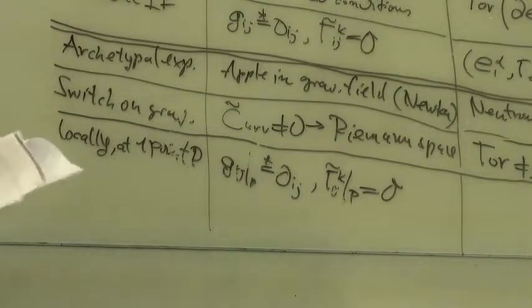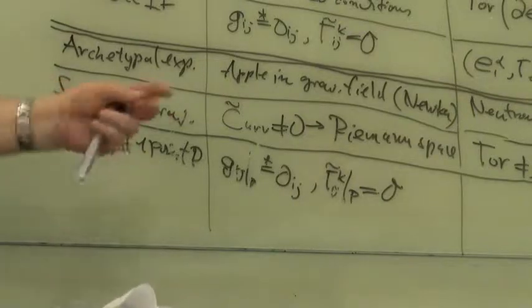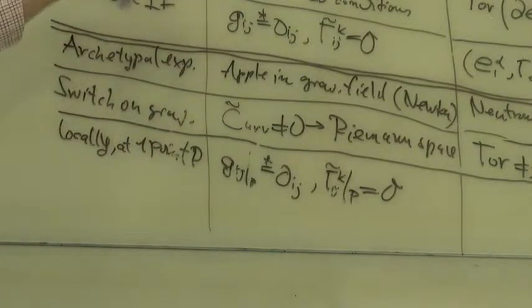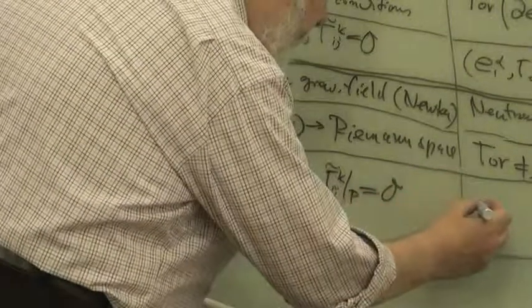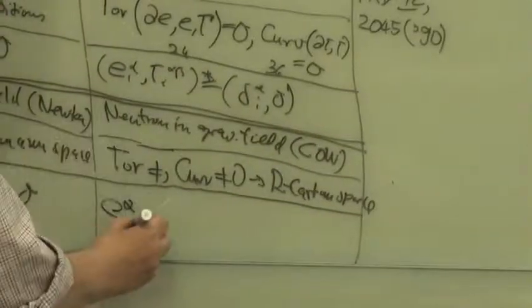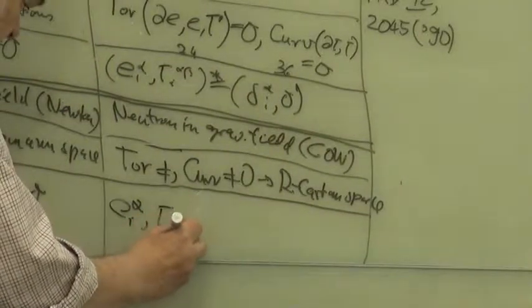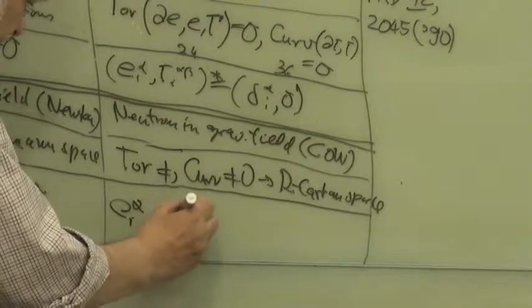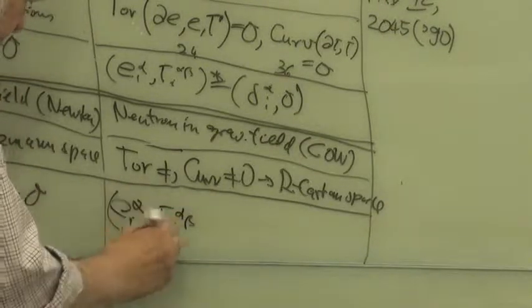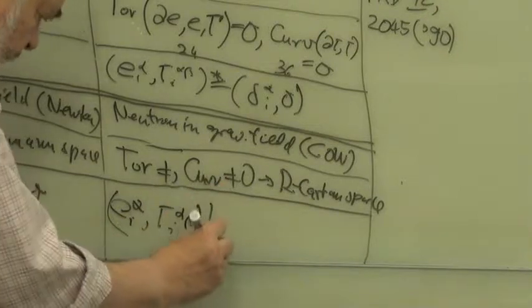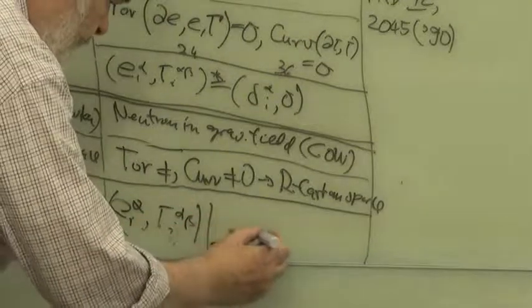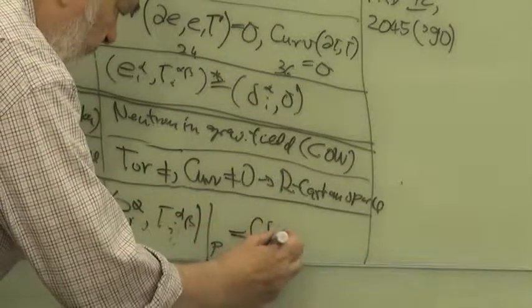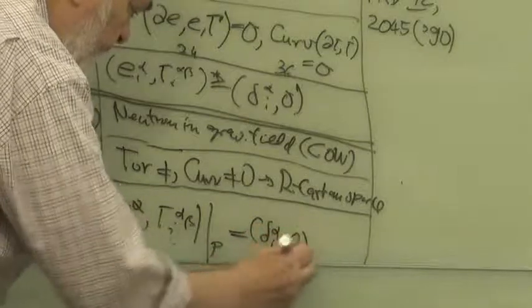And we have a corresponding elevator, but this is now a bit more refined because we have now also anholonomic frames to take care of. You get e^i_α, which is the coframe, and the gamma, Γ_iαβ, at one point. These two quantities at one point are equal to Kronecker delta and 0.